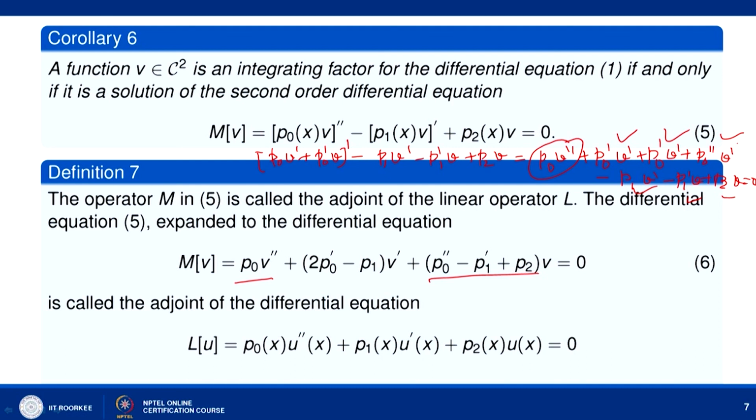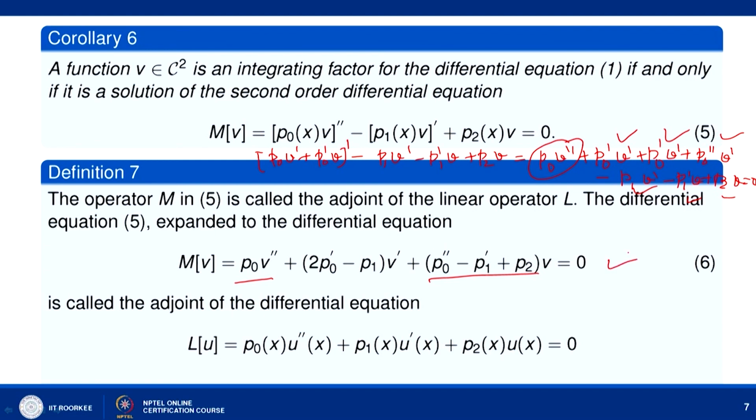By collecting this, we get the term p0 double dash minus p1 dash plus p2 times v equal to 0. So we say that the operator M in this equation 5 is called the adjoint of the linear operator L, the differential equation 5 expanded into the differential equation like this.